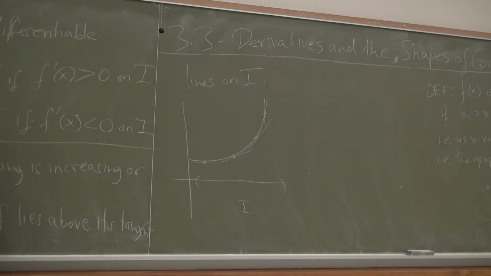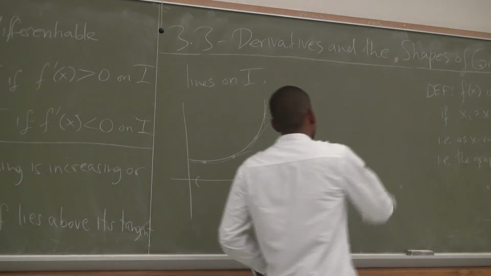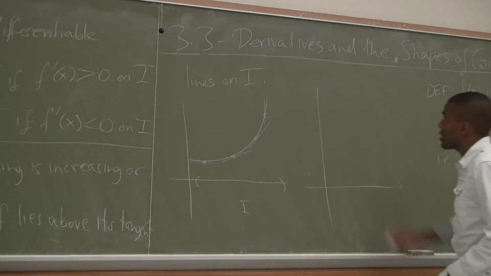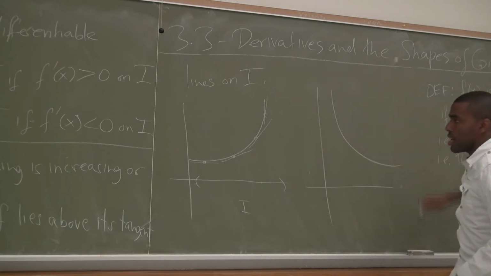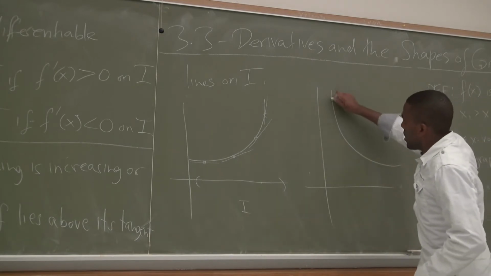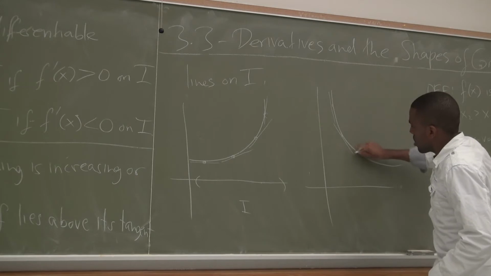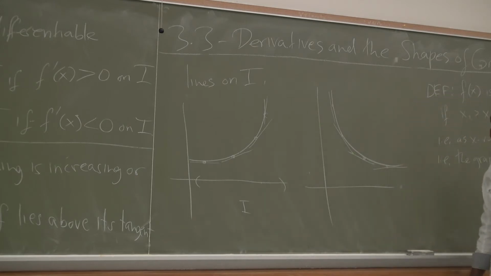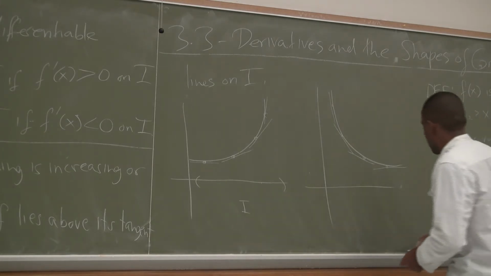This behavior is called concave up. It doesn't have to be increasing to achieve this behavior, by the way. You could be concave up while decreasing. Your function could look like that. Every time I draw a tangent line to this curve, the tangent line ends up below the function. Whenever a function has that shape, we call it concave up.